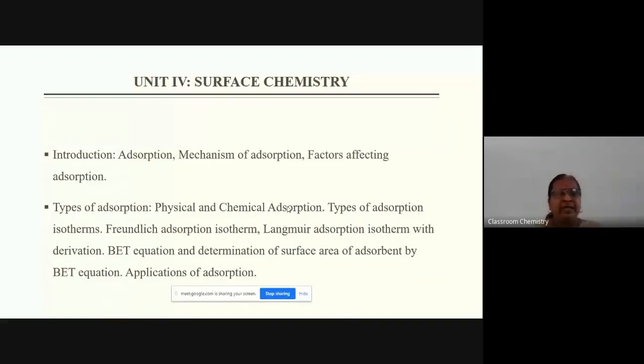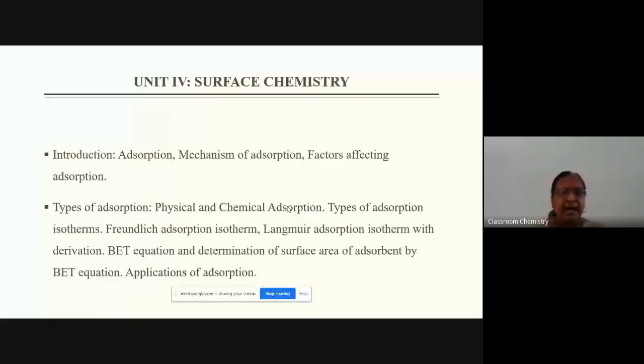Types of adsorption isotherms, that is, when we plot the graph of amount of substance adsorbed against concentration or pressure at constant temperature, we get a line or a graph that is known as the isotherm. We have to see the different types of adsorption isotherms.